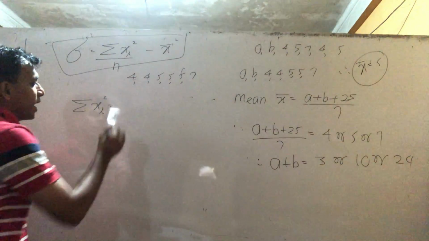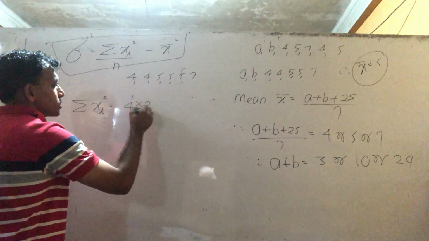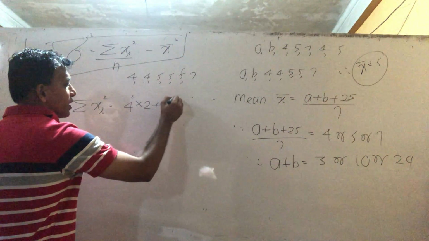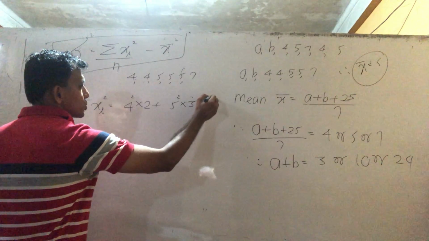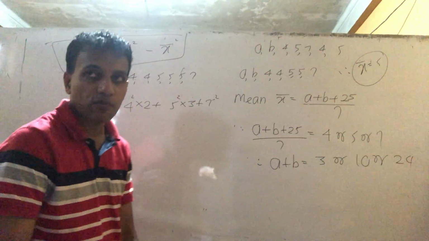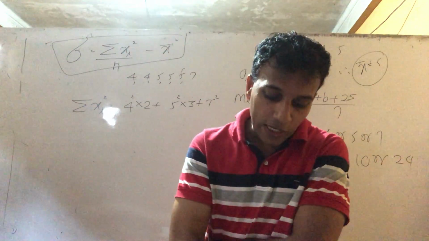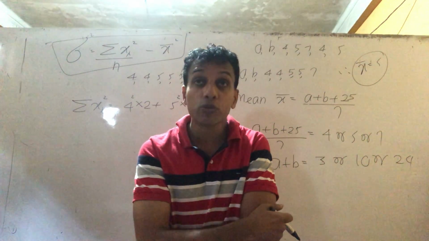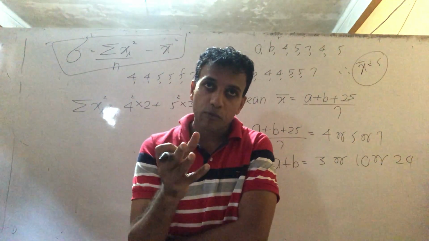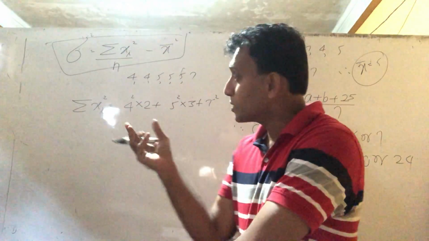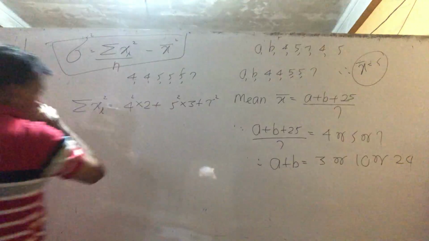So what is the square of that? 4 squared two times, 5 squared three times, plus 7 squared. The good news from these advanced maths exams is that you can use the calculator, so the division and multiplication taking a long time is no problem.